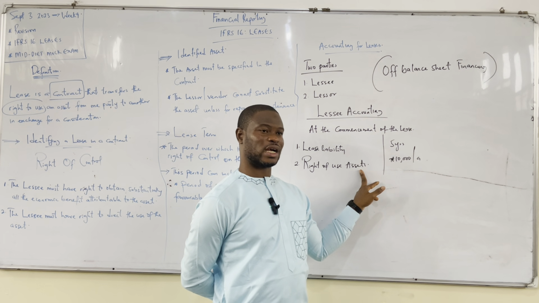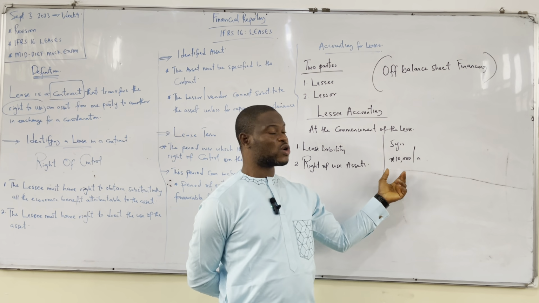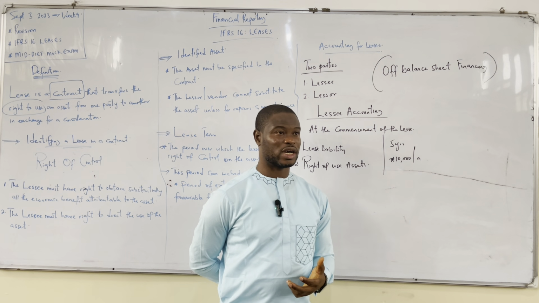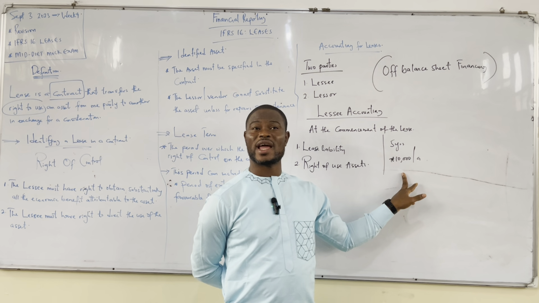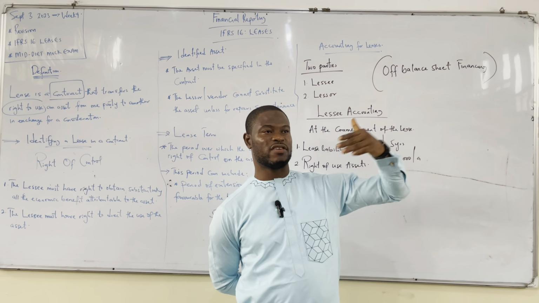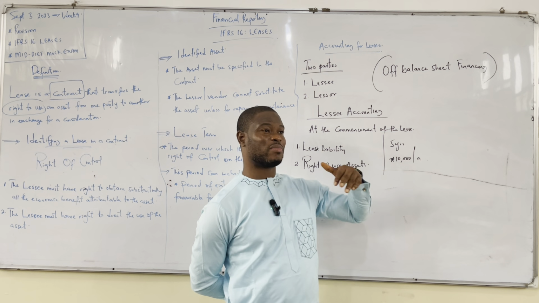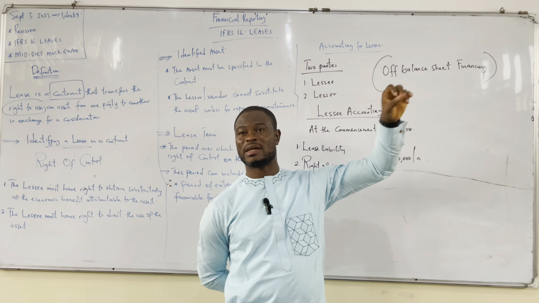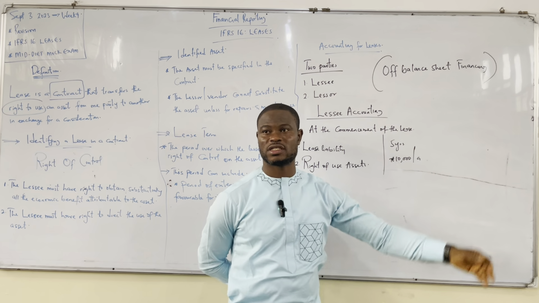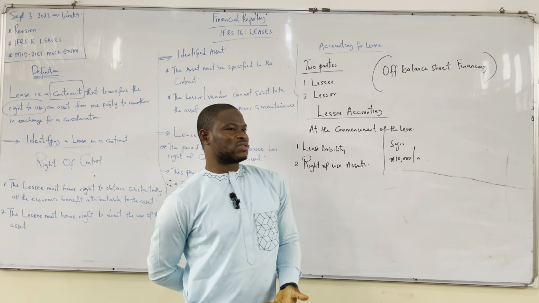Right of use asset. However, I don't know if I've told you this before, but I think I should have, that whenever we have a future payment, because this 10,000 naira per annum is not what we are paying now. It's something we are paying over a long time, the next 5 years. So we cannot enter 50,000 in our books.